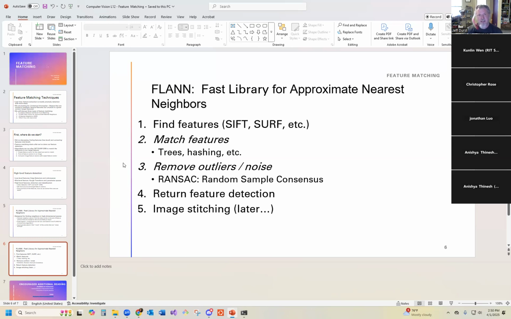And then after FLANN does that, there are some different ways to remove outliers or noise. Like any approximate search, and especially a nearest neighbor search, you have a high probability of false alarms or outliers or just noise.